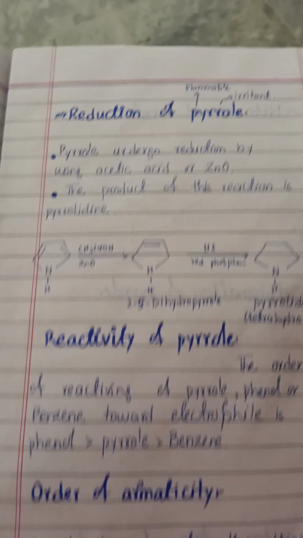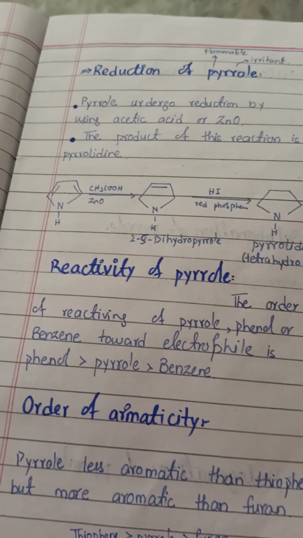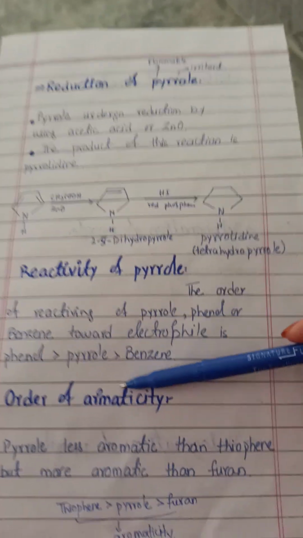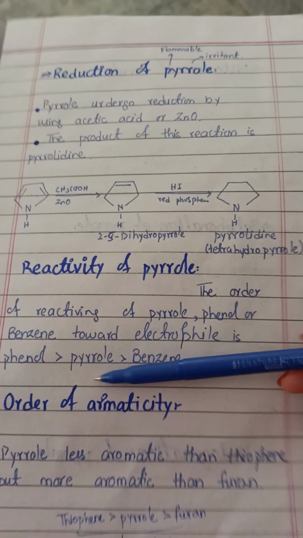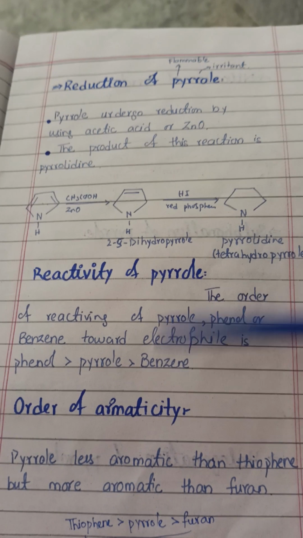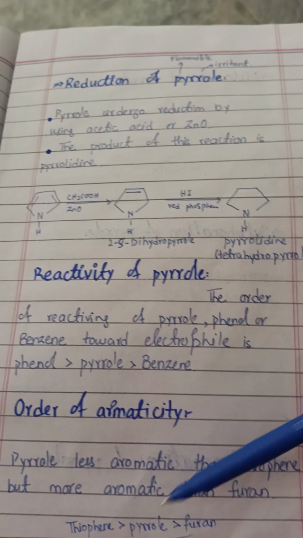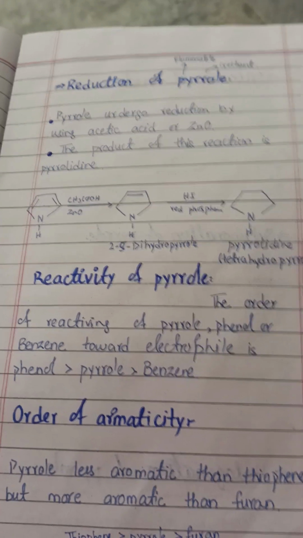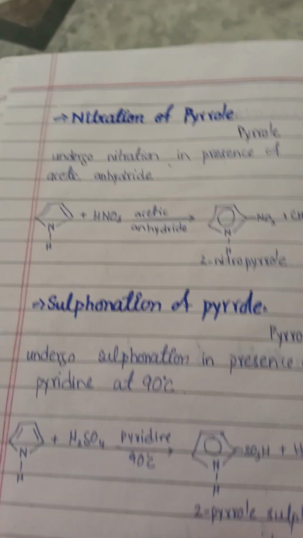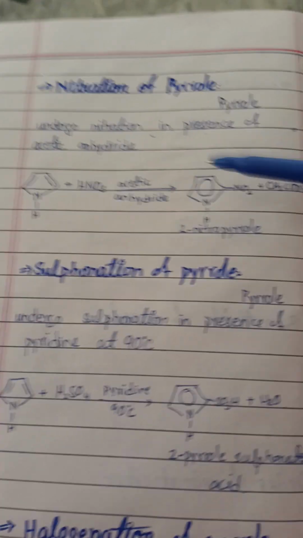Then we see the reactivity: pyrrole is more reactive than benzene. Now the order of aromaticity: the most aromatic among the heterocyclic compounds is thiophene, then pyrrole, and then we have furan. Next we move on and discuss nitration, sulfonation and halogenation.